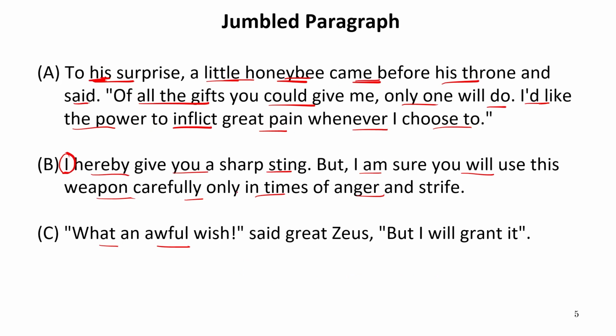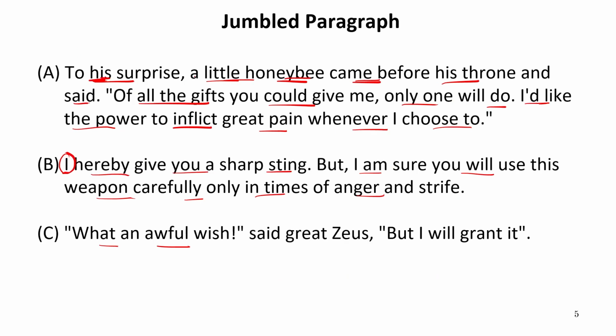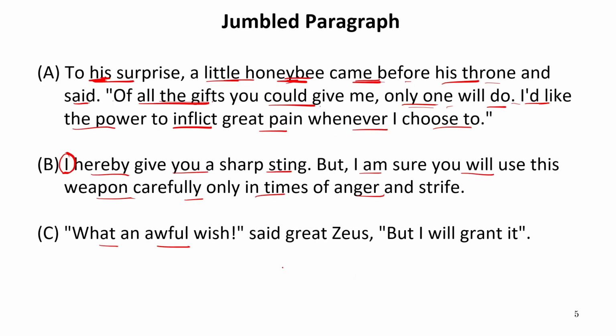So after E, the sentence A can follow it. A little honeybee came before his throne and said, of all gifts you could give me, only one will do. I would like the power to inflict great pain whenever I choose to. It means this is a wish of the honeybee. So here after E we can write A, so A can follow the sentence E.